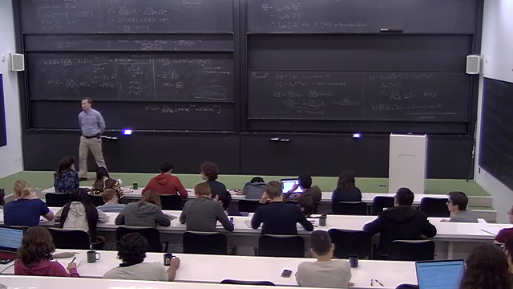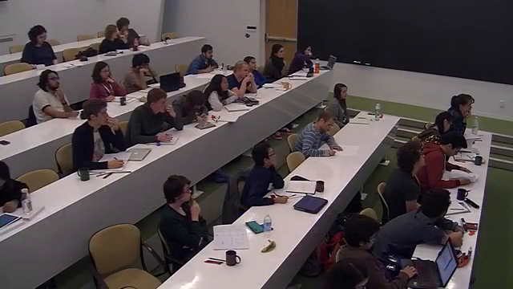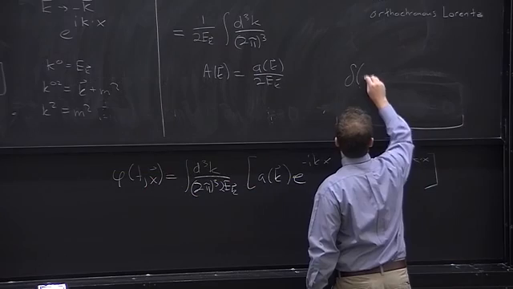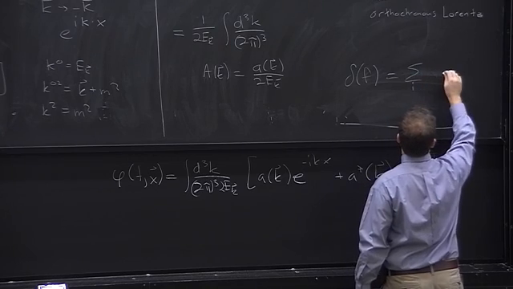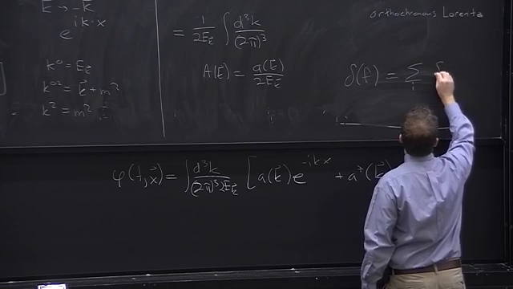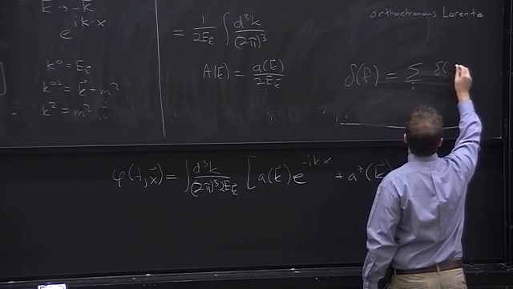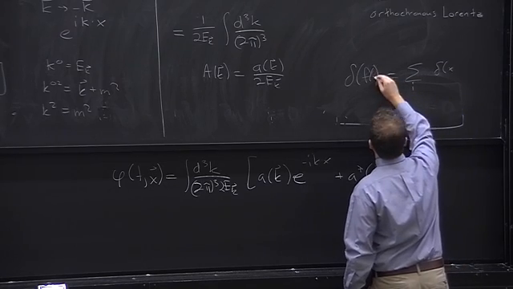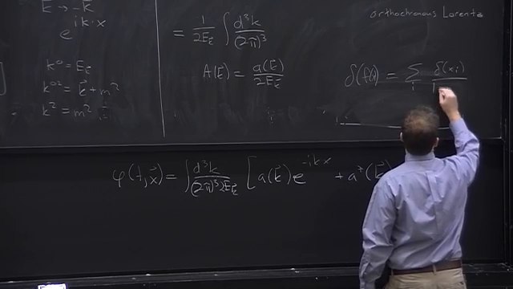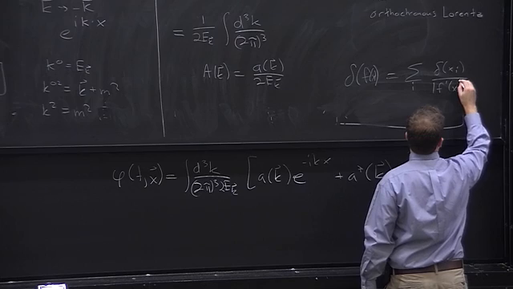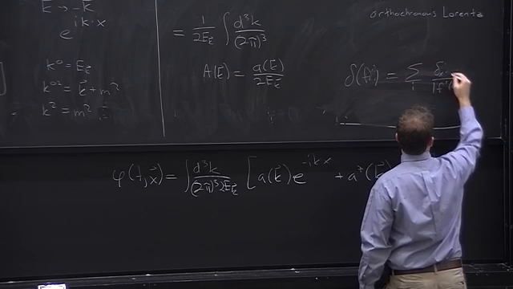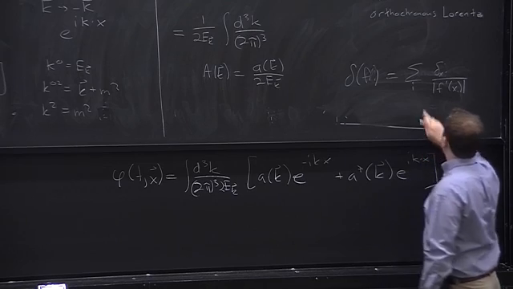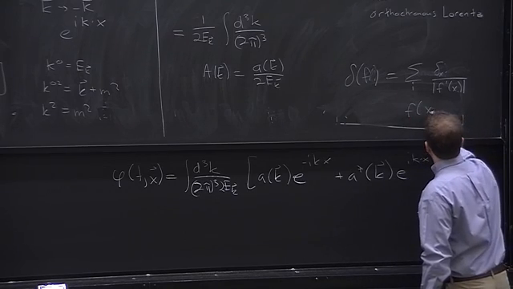Any other questions? Sam? That comes from this relation that delta of f is the sum over i of delta of x minus xi over f prime of xi, where f of xi is 0.